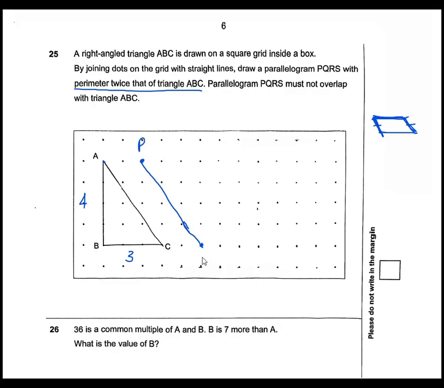Let's say P and Q. Now, I need to have another line which is exactly like this, but where should I draw? I'm not so sure. So let's come to the other part. See, this length is here, and if I have one more line, I have achieved twice this length. But this length plus this length is 4 plus 3. That is 7.